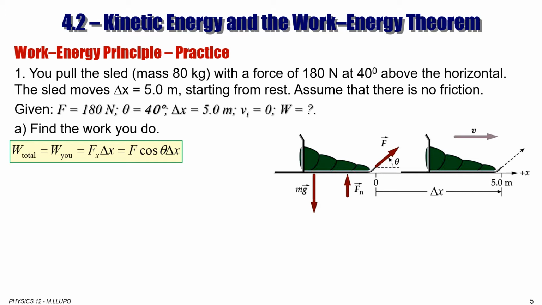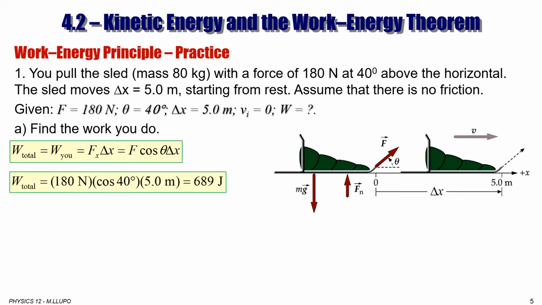It's the same thing. Now, we know that force is 180 Newton, and theta is 40, so cosine theta times displacement, and that gives you 689 joule of energy.